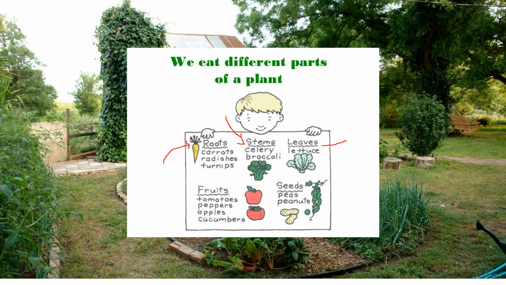We also eat leaves like lettuce leaves. I'm sure you eat lots of fruits like tomatoes, peppers, apples, and cucumbers. You also eat seeds like peas and peanuts.